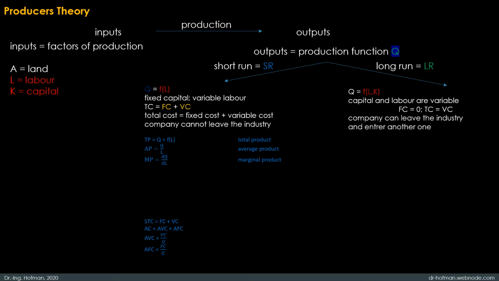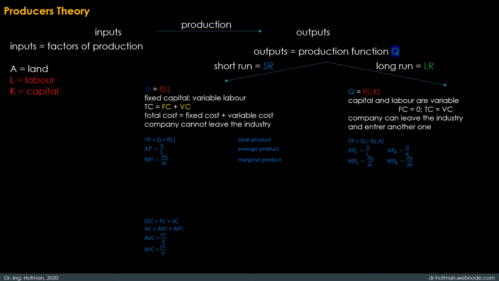Total product is a function of labor and capital, which are both variable. Average product of labor is Q over L, and average product of capital is Q over K. Marginal product of labor is the derivative of total product with respect to L, and marginal product of capital is the derivative of total product with respect to K.